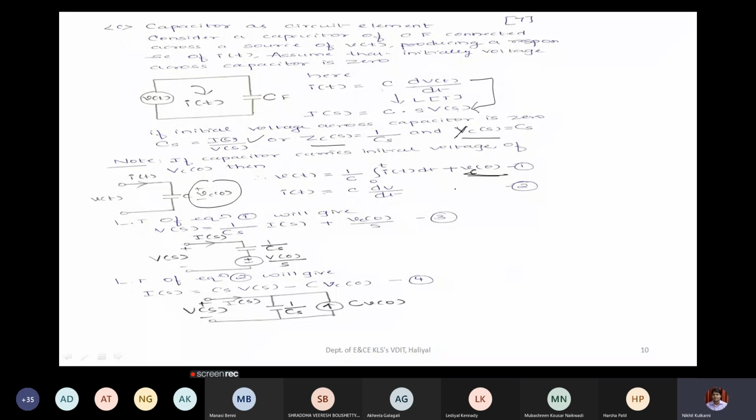So then I of t will be this. If you take the Laplace transform of equation 1, that is going to give you equation 3. So it is a KVL equation. If you take the Laplace transform of equation 2, that is going to give you equation 4. Okay. So just glance at this slide. If you have any questions, you may ask.